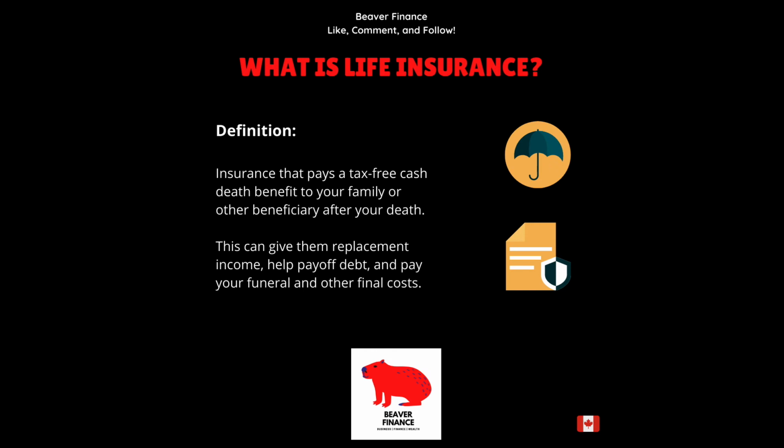And secondly is permanent life insurance. So I won't go into too much detail, but there is universal life insurance, which is a form of permanent life insurance. So it's a life insurance that has a guaranteed death benefit. It has a guaranteed minimum premium that's required. But then you can actually put in extra premiums.